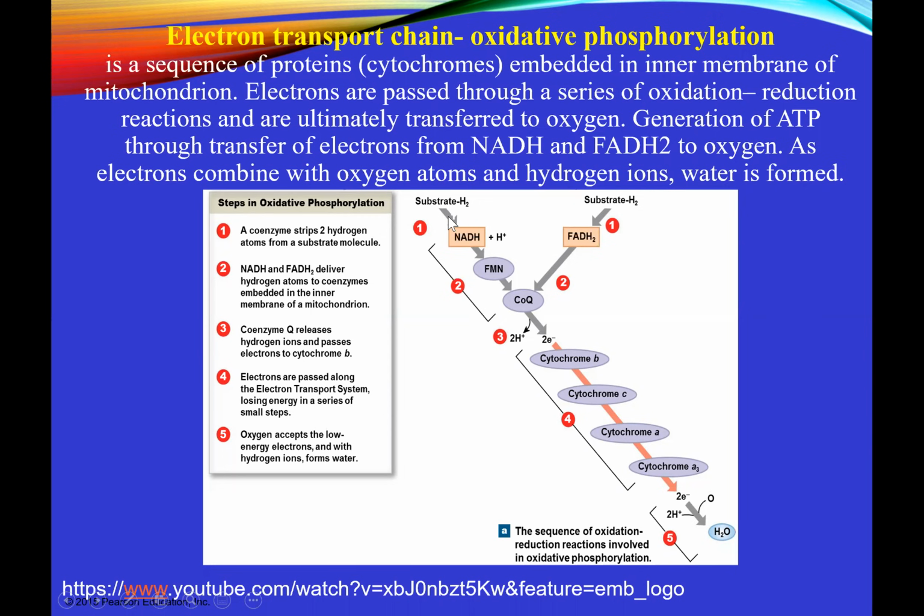In the inner mitochondrial membrane, there are all these protein complexes, called protein complex 1, 2, 3, and so forth. NAD is going to come and drop off the proton in protein complex 1, FAD in protein complex 2. When they drop off their hydrogen atoms here, the electrons will be shuttled protein to protein.